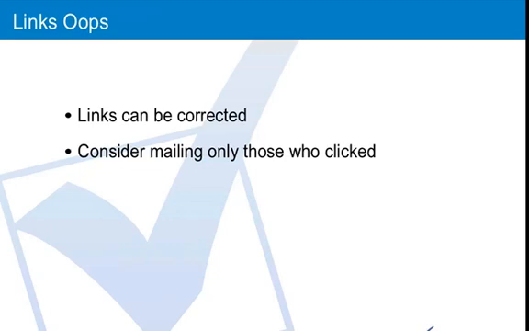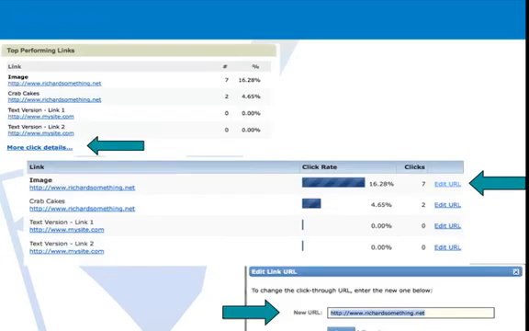So in your VR account, this is how you would go about fixing your links once your email's gone out. So you'd go into the reporting section, click on the name of your email. On the dashboard, under the top performing links, click More Link Details, which will bring up this page. It'll show you all of the links in your email.